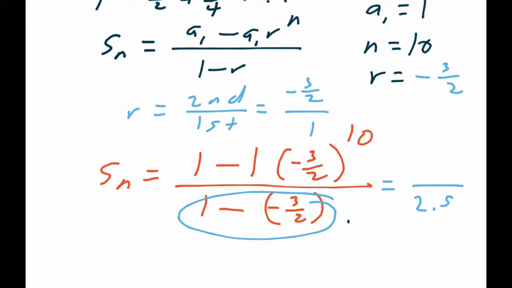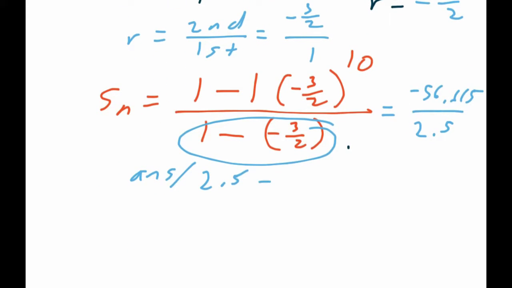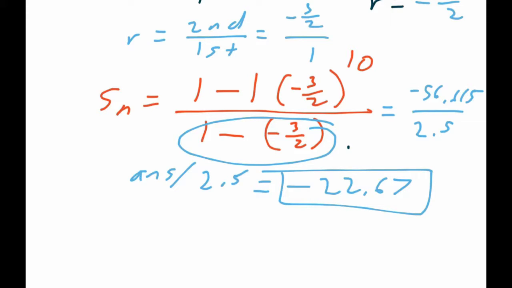And then when I do the top number, and I plug it in as we see it, we get negative 56.665 something. And so now I'm just going to take the answer divided by 2.5 and get negative 22.67. And I rounded that because I wasn't going to write out all of the decimals.